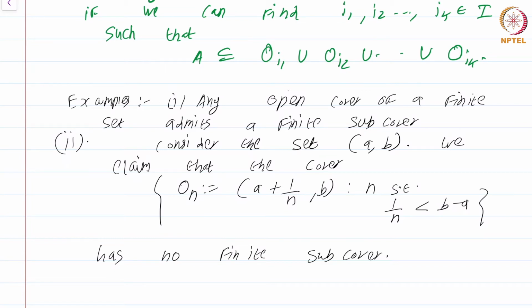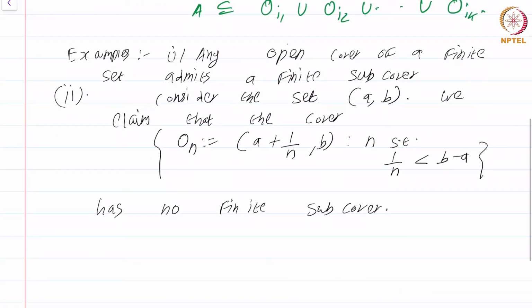Okay, we are considering the open set (a, b). We are considering a very special cover, and the claim is that this cannot have a finite subcover. Why is that the case? Well, let's see.